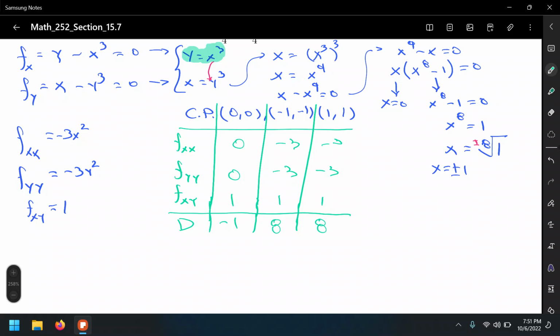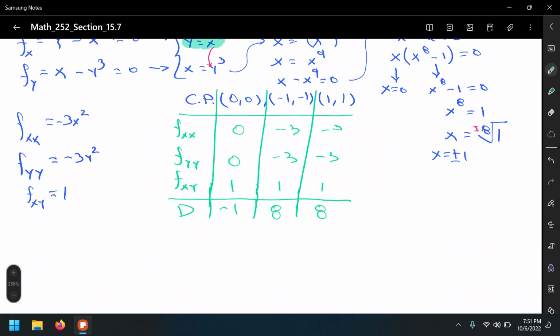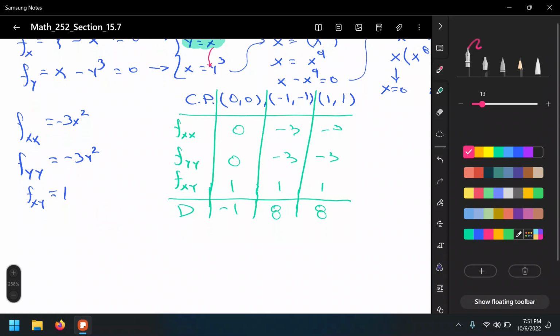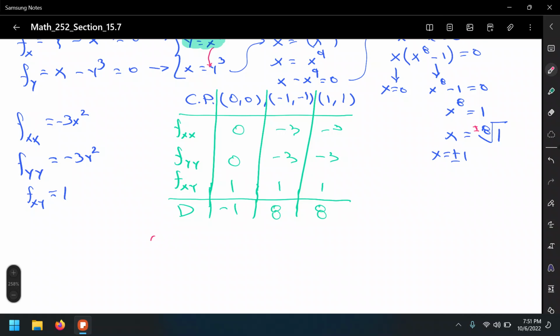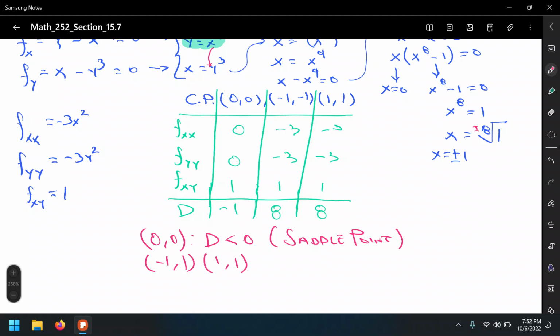And same here. Well, number one, let's look at the first critical point. For (0, 0), what do we have? We have D is a negative number. What's the result when the D value is a negative number? The saddle point. What about the points (-1, -1) and also (1, 1)?